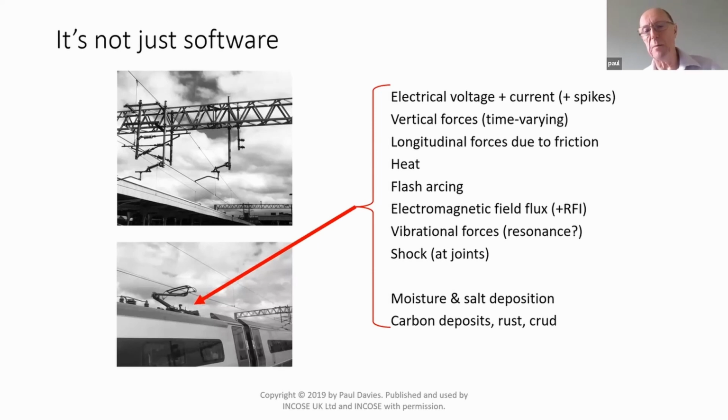There will certainly be a big electromagnetic field flux, because that interface is moving at maybe 200 miles per hour. Vibrational forces, shock at the joints, and then mass transfer as well, moisture and salt deposition, carbon deposits, and so on. So all of those have to be captured, specified, and designed against by the designers at both ends.